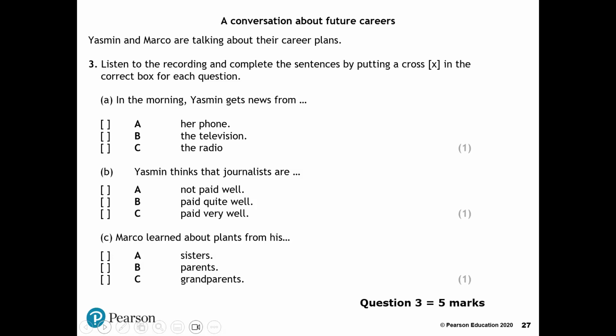And again, we would expect that there is distraction. So in question A there, we're probably going to hear something about the phone, something about television, and something about the radio. And in C, we're going to hear about sisters, parents, and possibly grandparents.